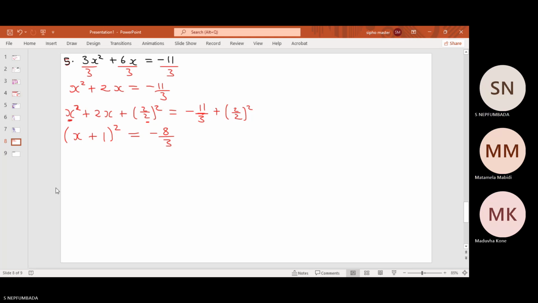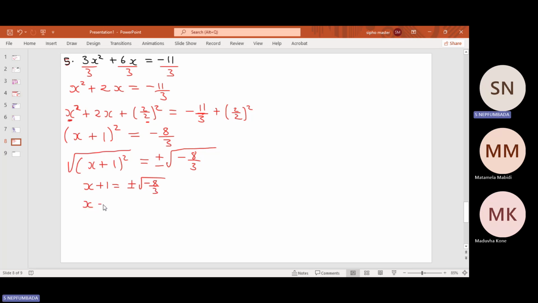Then, from this step, we square root both sides. This is plus or minus the square root of minus 8 over 3. Then it means we're going to have x plus 1 equal to plus or minus the square root of negative 8 over 3.